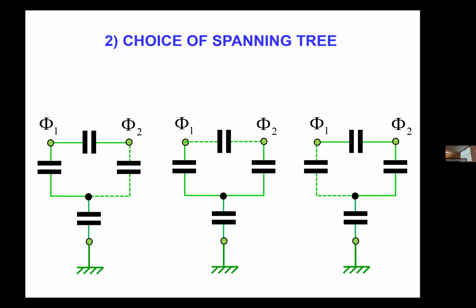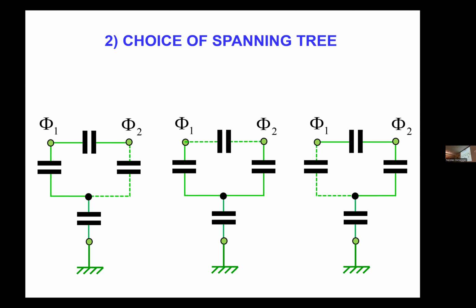Okay, so how do you define these node fluxes? So we're going to assign the flux to each node, but how do we do this? Remember, I can define for every branch a flux by integrating the voltage across that branch. So what I'm doing here is that I am integrating the voltage, actually the electric field, along the tree up to that node here.